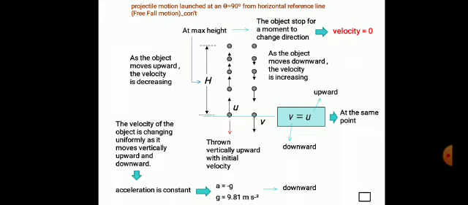Because if the acceleration were 0 at the maximum height, the ball would float. It doesn't make any sense, because when you throw something up in the air, it will drop. It can't just magically hang there. So it will drop. That's why a_y is also minus g at the maximum height, even though the velocity is 0.